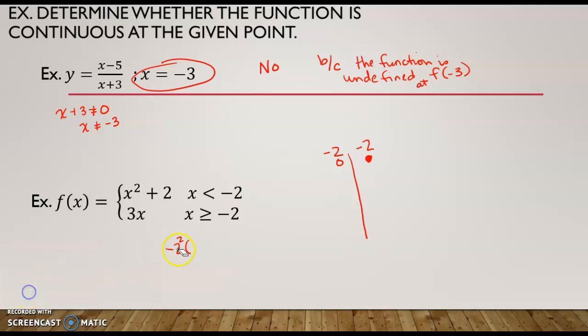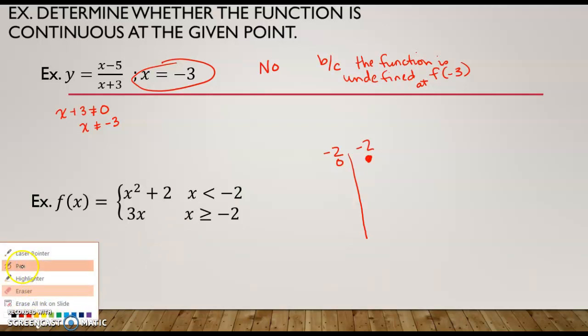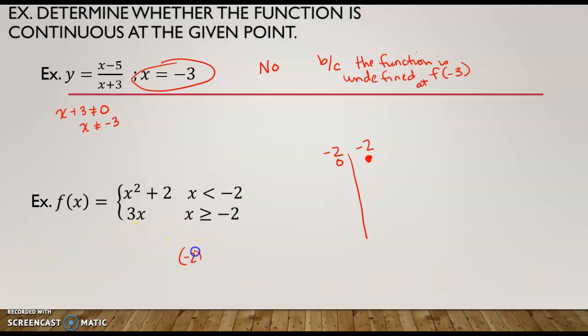I need parentheses because if you put it in your calculator without them, you're going to get negative 4, and it's not. Negative 2 squared is 4 plus 2, which is 6. So on this side of the fence, it's negative 2, 6. And on the other side of the fence, it is negative 2, negative 6.